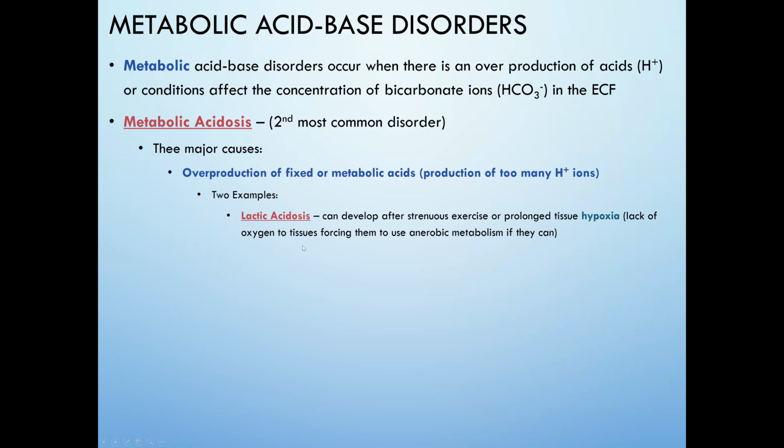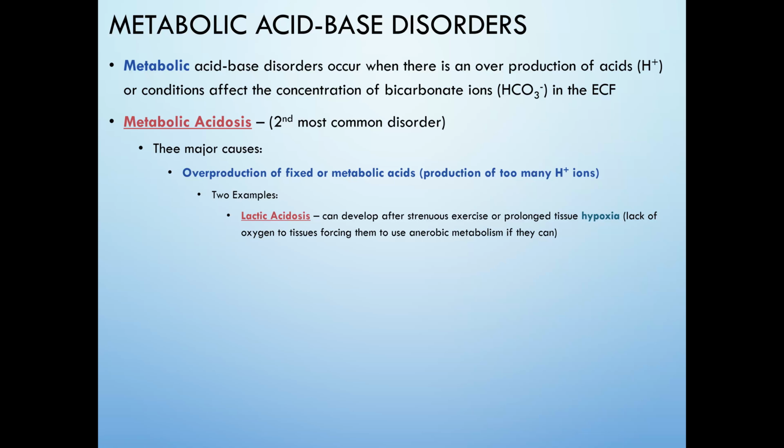The first one is lactic acidosis. This can develop after either strenuous exercise or if your tissues have a prolonged lack of oxygen, which is called hypoxia. And when tissues don't have any oxygen, they can't do aerobic respiration in the mitochondria. And if they can, they switch to anaerobic metabolism to make ATP.